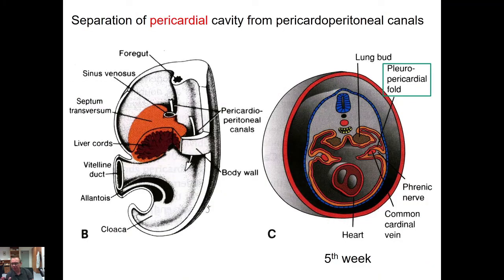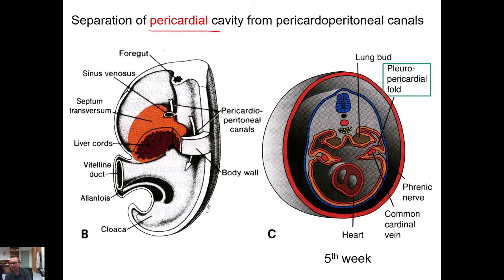And the last part of my lecture, really two or three last pictures, will describe how this single tubular space is then divided into definitive cavities. Let's start by separation of pericardial cavity from pericardio-peritoneal canals.